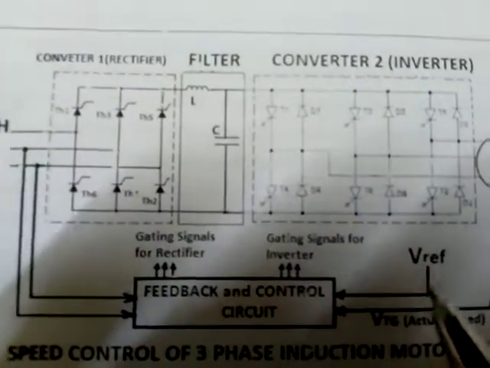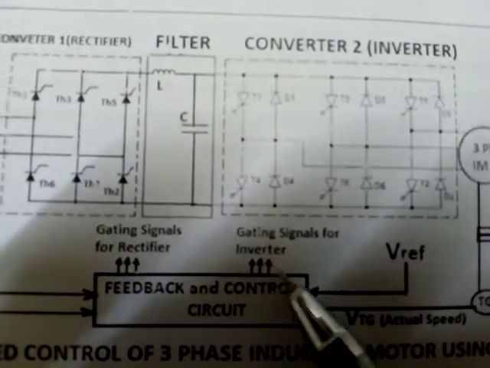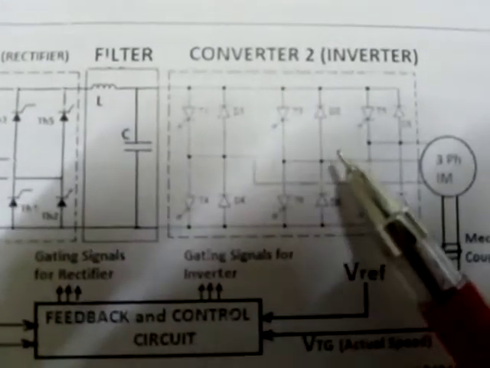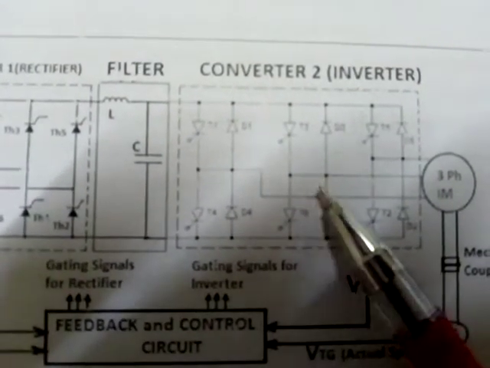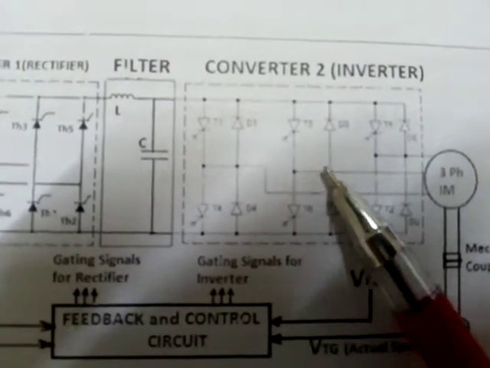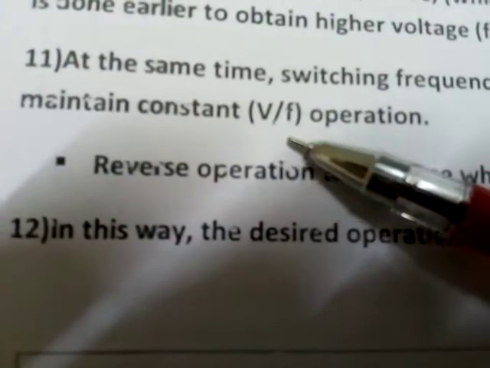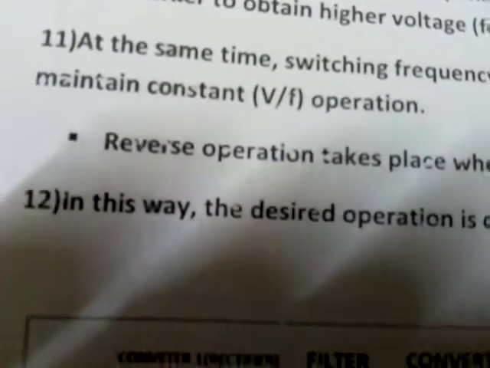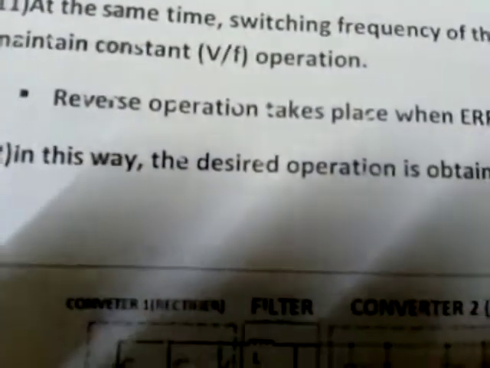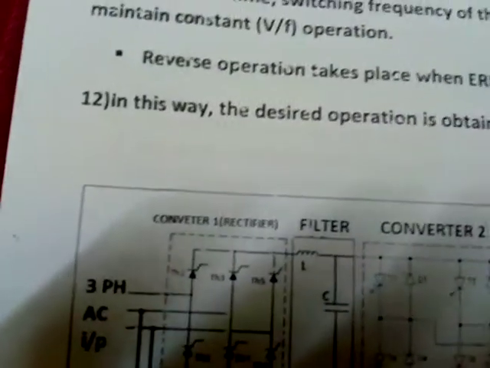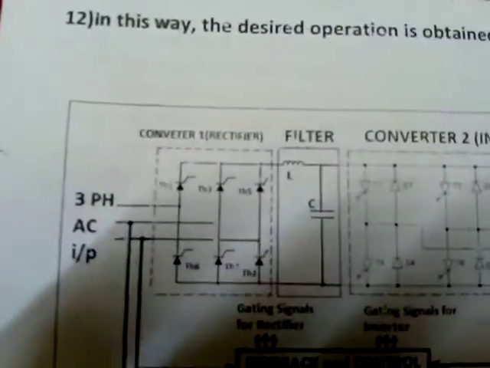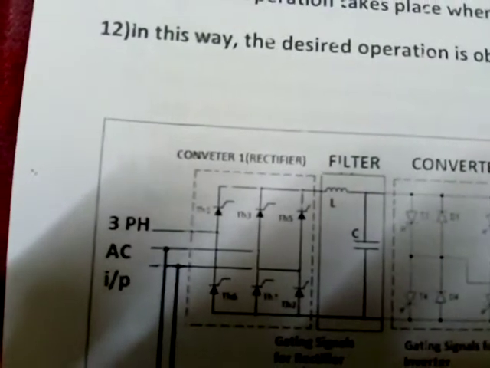At the same time, it will also give gating signals to the inverter to increase the frequency, so that V by F is kept constant. V by F is maintained constant so that maximum torque is achieved.